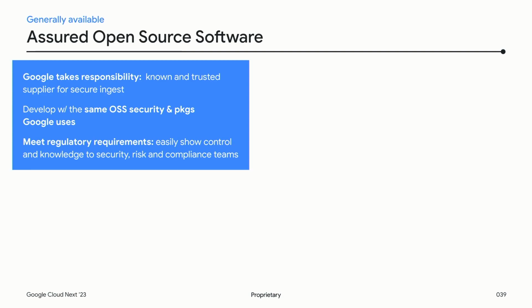Number 2, taking what we do in security for open source for ourselves and making that apply to packages that you may use from open source, also allowing you to use packages we use within Google that have gone through security testing, and providing enough metadata, SBOM, and VEX information to help you meet your regulatory, both internal and external, security and risk requirements.